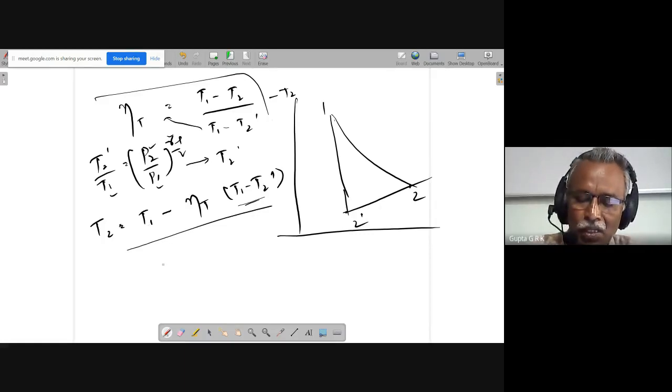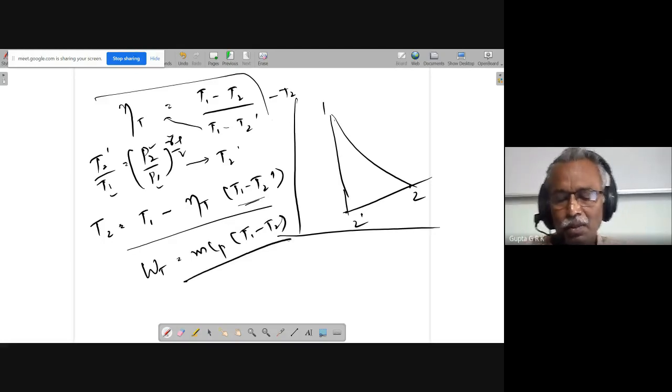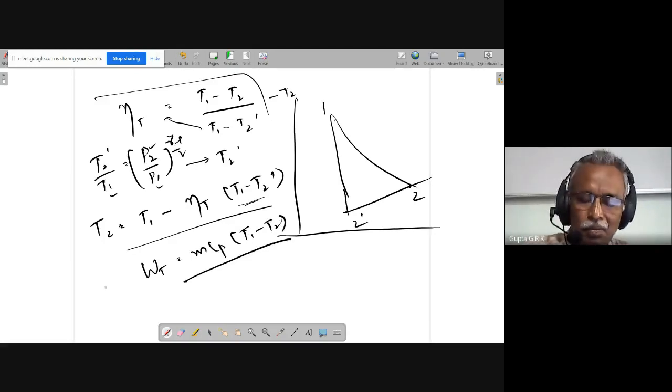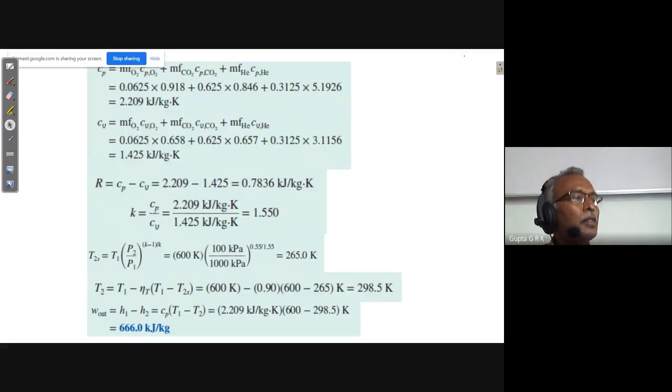So once I know that, the work of the turbine is mCp into T1 minus T2. So this is the work. This is W or availability. Okay, like this.